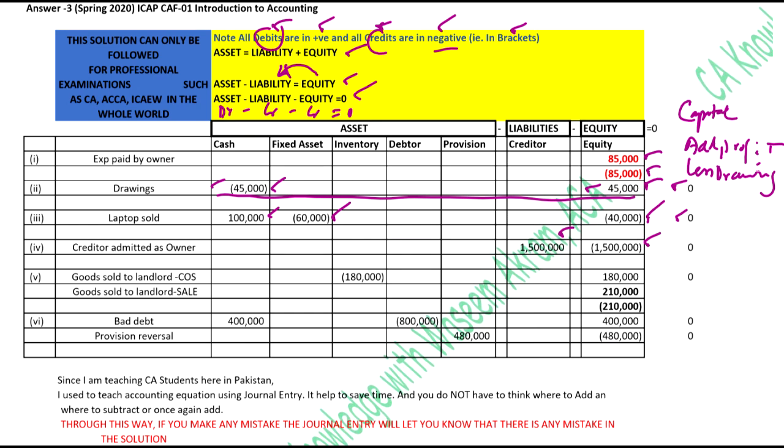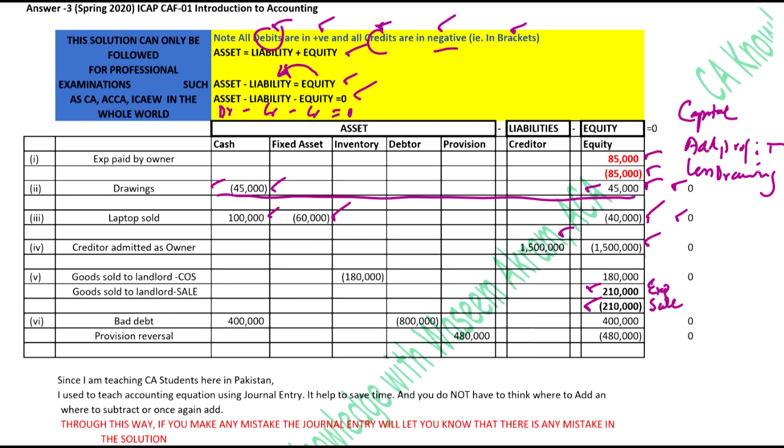Goods costing 180,000 were sold to the owner of the office building against office rent of 210,000 for the month of January 2020. This has two journal entries. Number 1: rent expense debit, sales credit, 210.